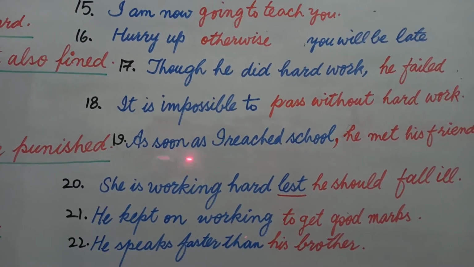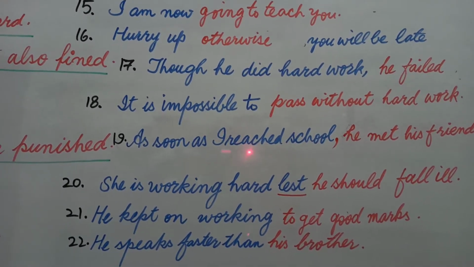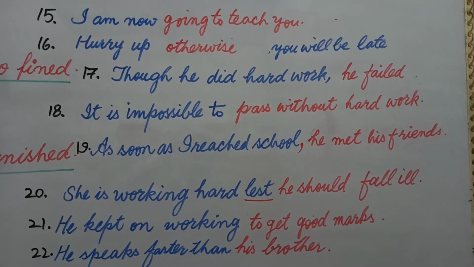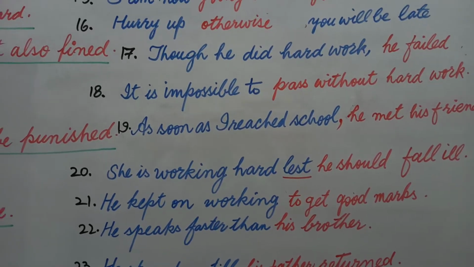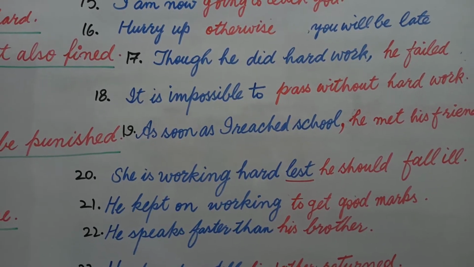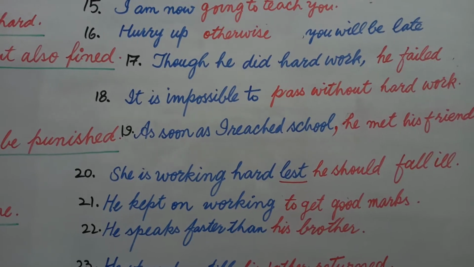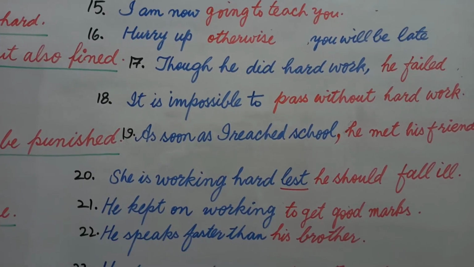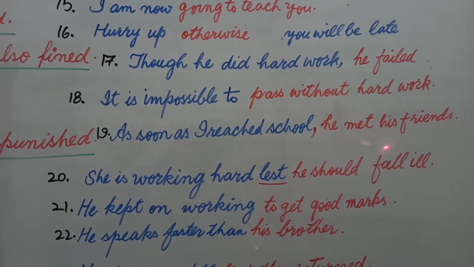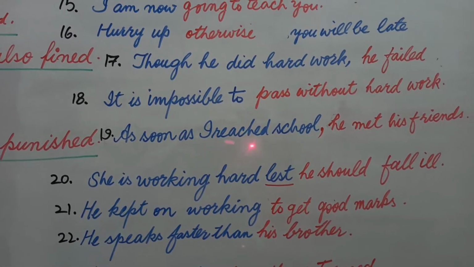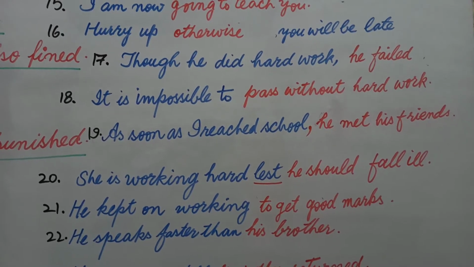This is the positive degree, so you will use a comma, and the same tense will be used here. I have already explained that after if, unless, until, till, as soon as, no sooner, you should never use future indefinite, you use present indefinite. But if you are given past indefinite, you use past indefinite here.